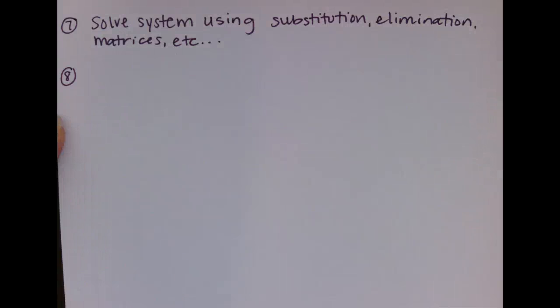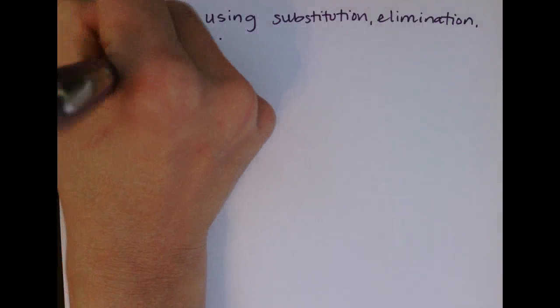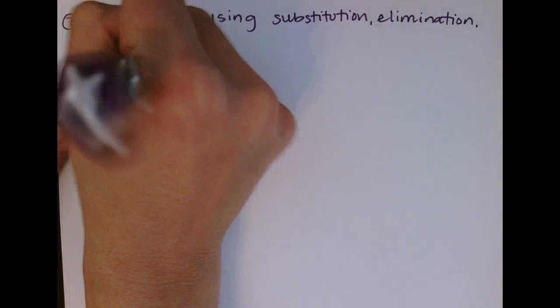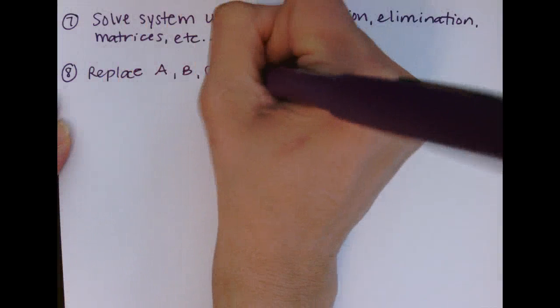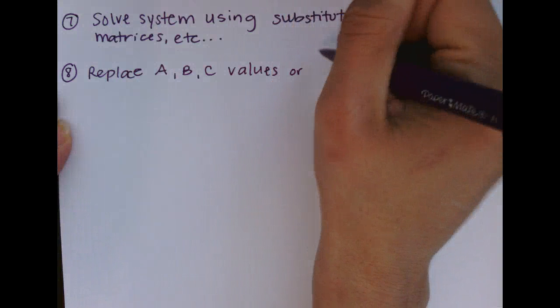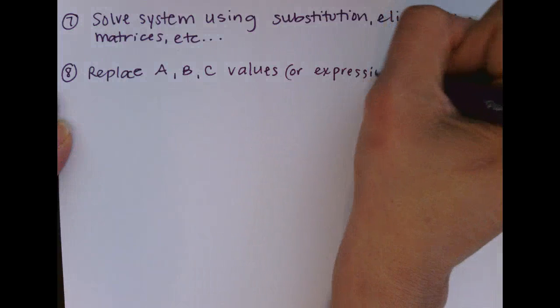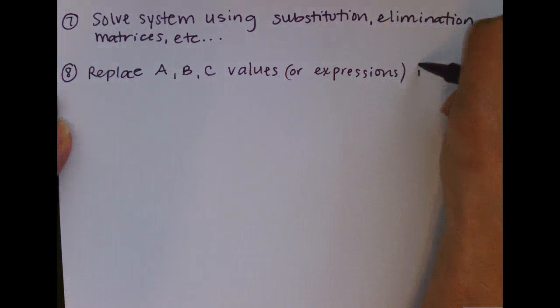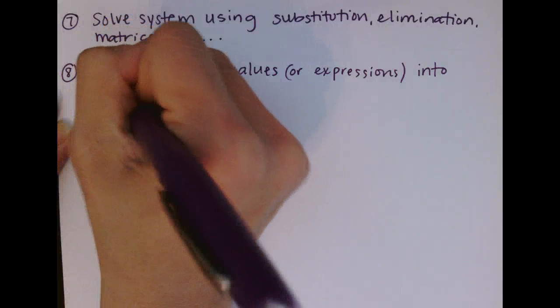You're going to solve your system, and then you're going to replace your a, b, and c values or expressions into your partial fraction decomposition.